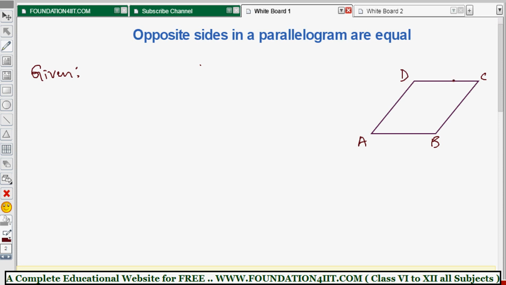According to the properties of a parallelogram, the opposite sides are parallel, right? So that is the given data, and we can take it stepwise.